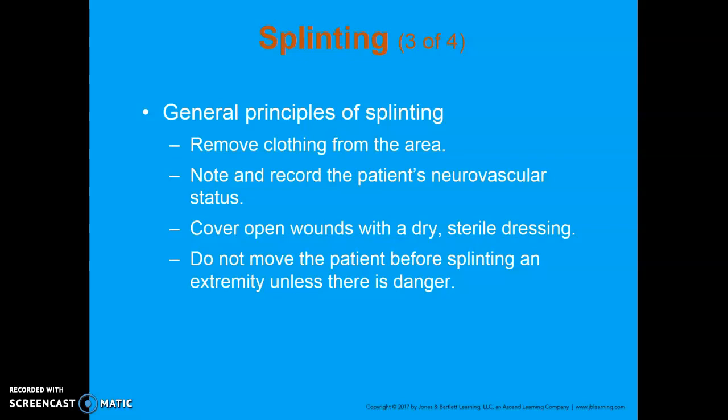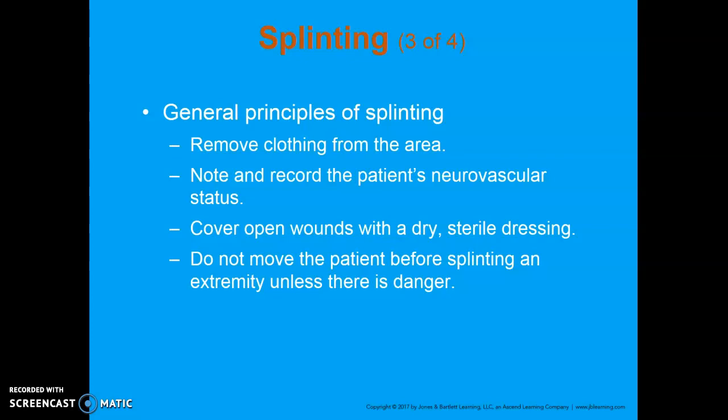General principles of splinting: remove any clothing so that you can actively and adequately inspect the extremity for any DCAP-BTLS. You want to note their neurovascular status, so CMS before, for sure. Cover any wounds with a dry sterile dressing. Don't move the patient before splinting an extremity unless there's an immediate danger to you or the patient.